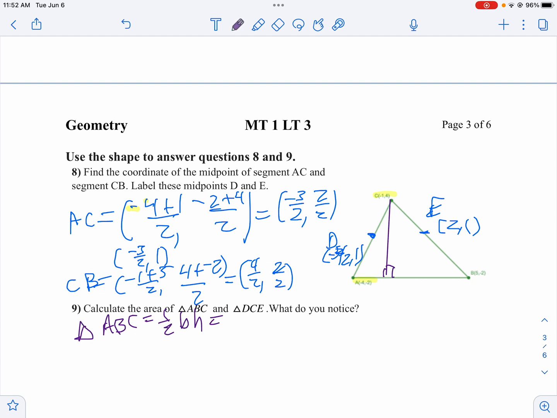So my base is 9. And then I'm going from 4 to -2, which is 6. Don't forget to multiply that by 1/2. 2 goes into 6 3 times. 3 times 9 is 27.